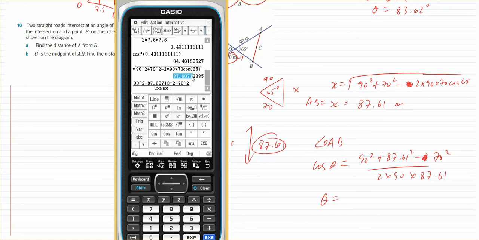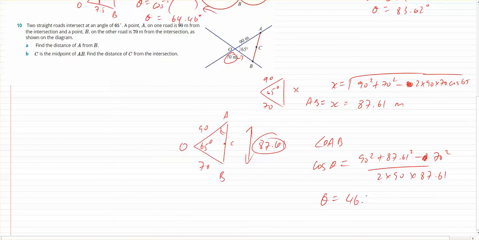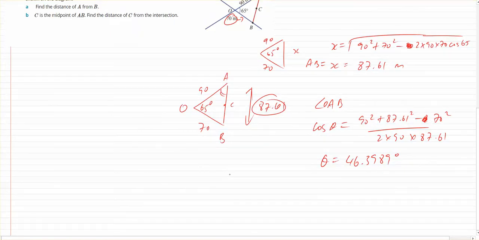Okay, so I'm going to use this again. I think I went up to the 3. Enter, and I want to inverse cos the result. So go trig, inverse cos of the angle, and you get 46.3989 degrees.